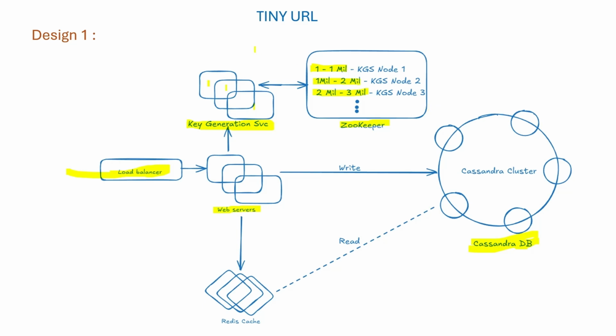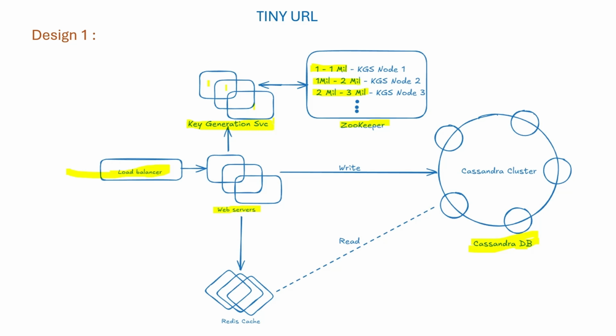As and when the ZooKeeper assigns the value to each node, the key generation service would start generating base 62 short URL suffixes, and it will load them into memory and keep them.